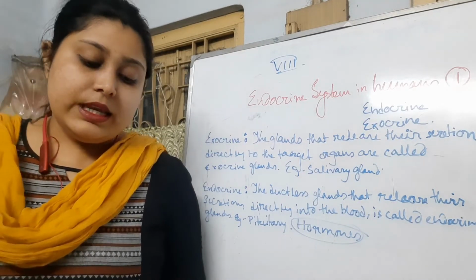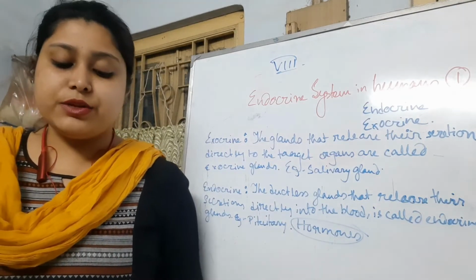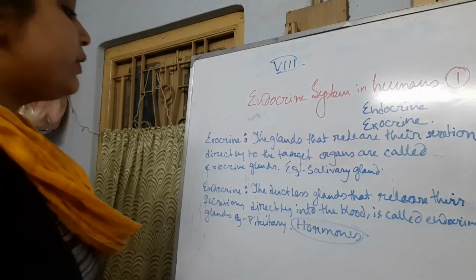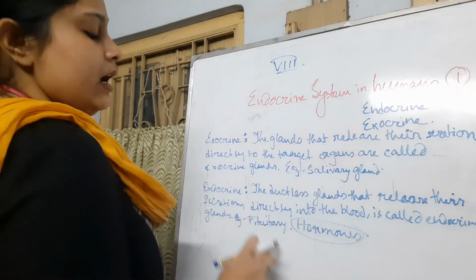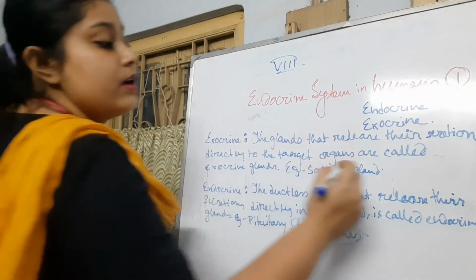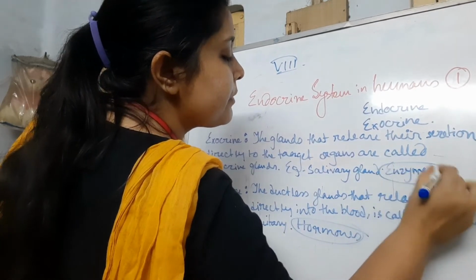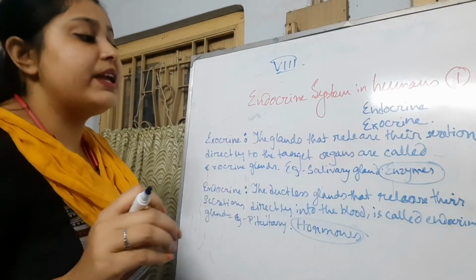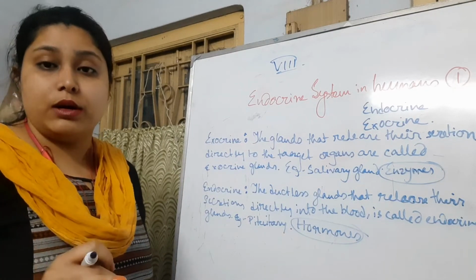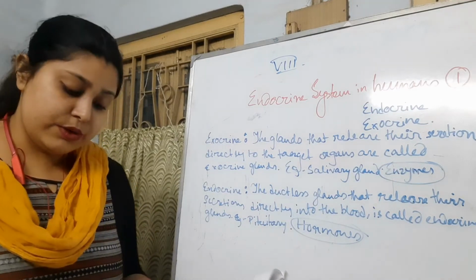They carry their secretion to their target organ, and the chemical secretions of the exocrine glands are called enzymes. So the endocrine glands form and secrete hormones, and the exocrine glands secrete enzymes. Enzymes help in our regulatory work like metabolic work. These are the main differences between the exocrine and endocrine glands.